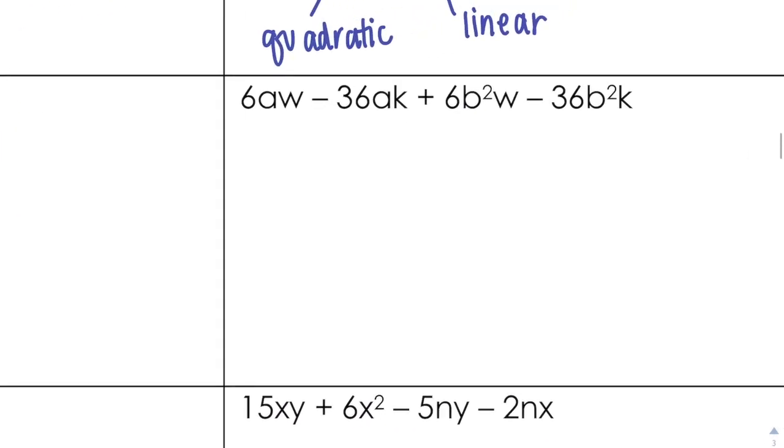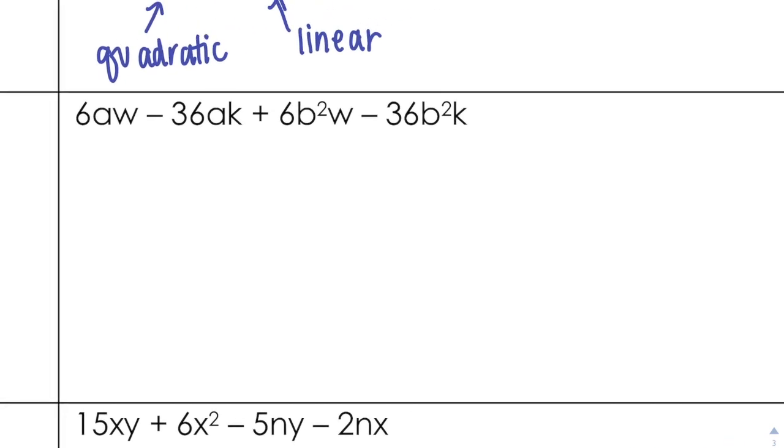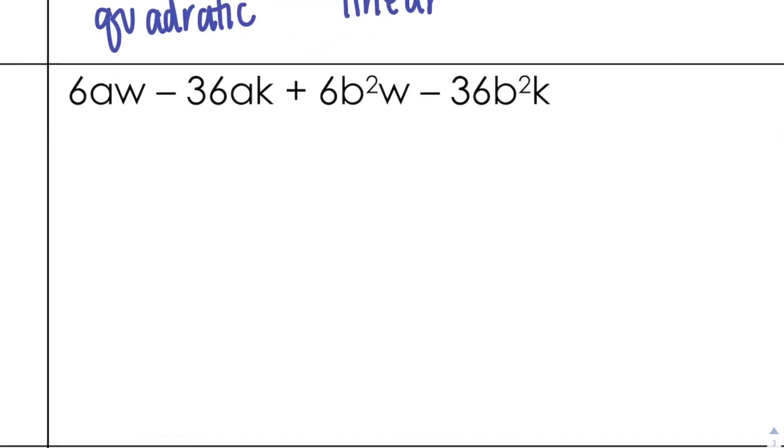Okay, taking a look at this one. Kind of crazy, not necessarily in standard form, but that's okay, we're going to roll with it. The first thing that I notice is all of these 6's. If there's something that you can take out at the beginning, take it out at the beginning to make your numbers smaller.